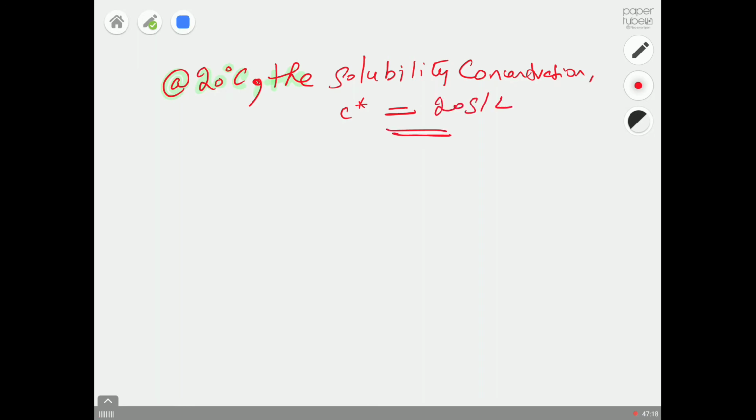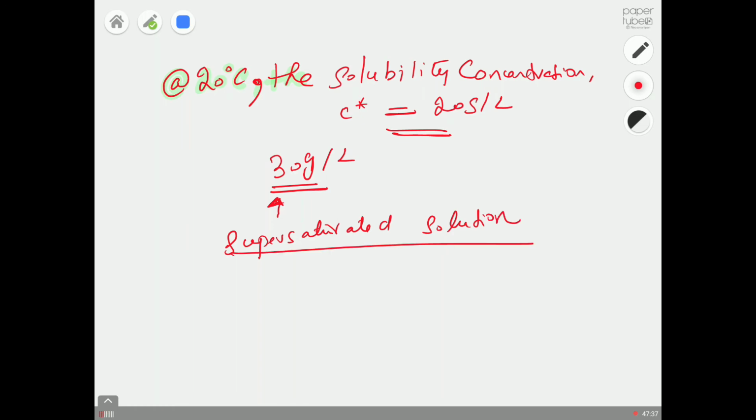However, at the moment in the reactor we have 30 grams per liter. So this type of solution we call a supersaturated solution.